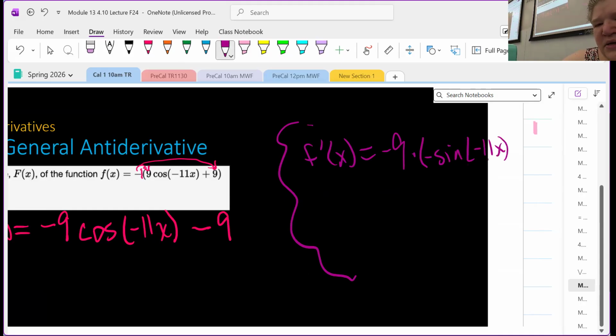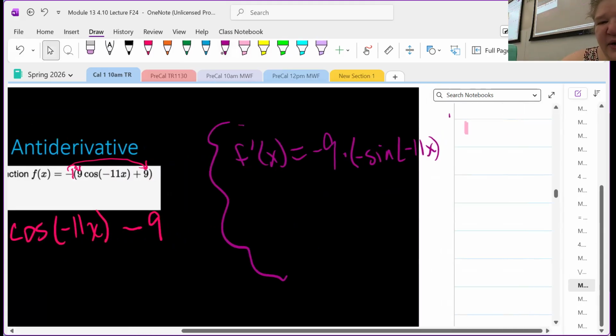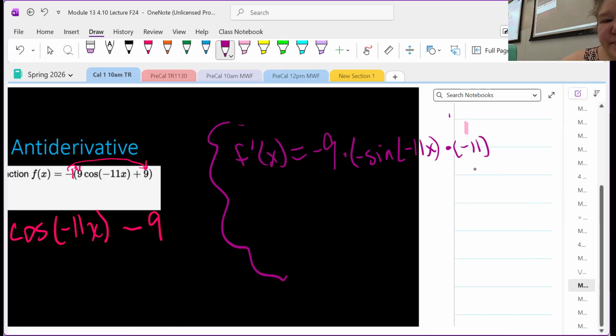But then I don't have just cosine x, I have cosine negative 11x. So there's a chain rule that comes into play here. So I would multiply by negative 11 because that's the derivative of the inside. And then that minus 9 at the end would just be minus 0.